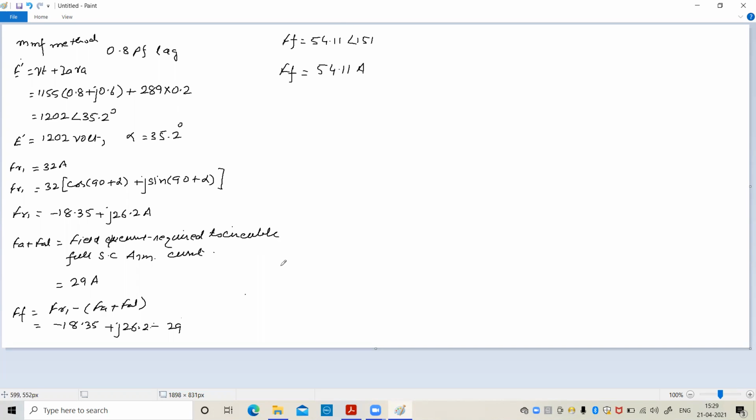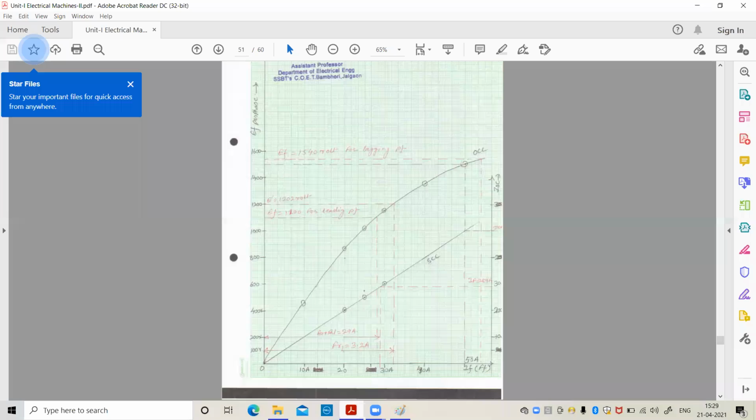Now again, from the graph paper, say this is the 50 ampere, and here it is the 54 point something ampere. Now if you go to the OCC, it will intersect the OCC at this point, and find out the value of open circuit voltage. So the open circuit voltage is 1540.